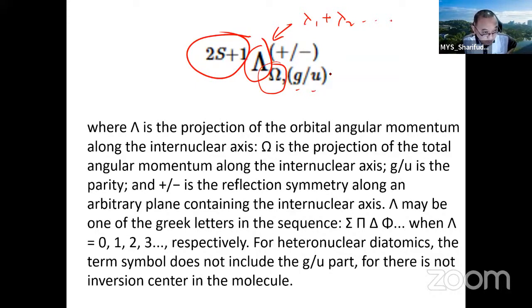This is due to inversion. Now this only exists in diatomic molecules, and there is a plus/minus there, which is due to reflection. Okay, inversion and reflection. So for the hydrogen molecule, you have sigma g down there and sigma u up there.